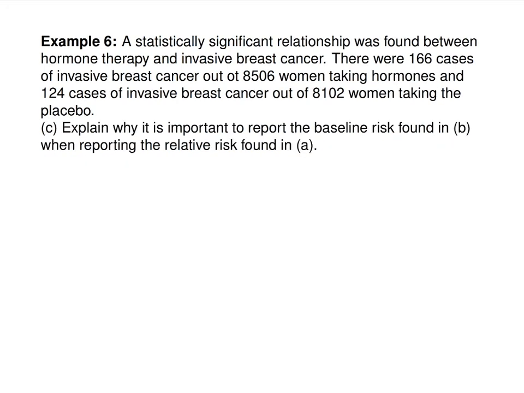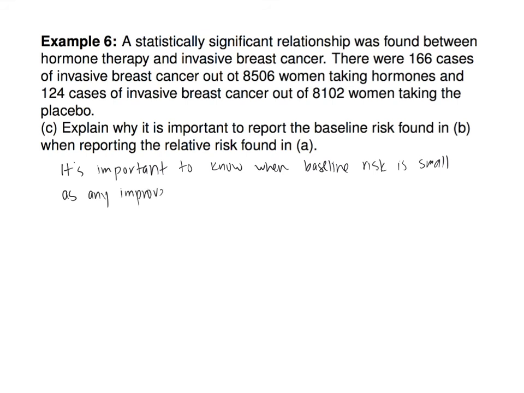And explain why it's important to report the baseline risk found in Part B when reporting the relative risk found in A. It's important to know when the baseline risk is small, as any improvements or gains may also be small and not worth the risk.